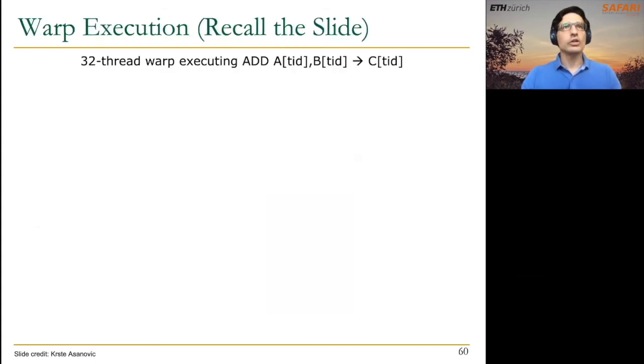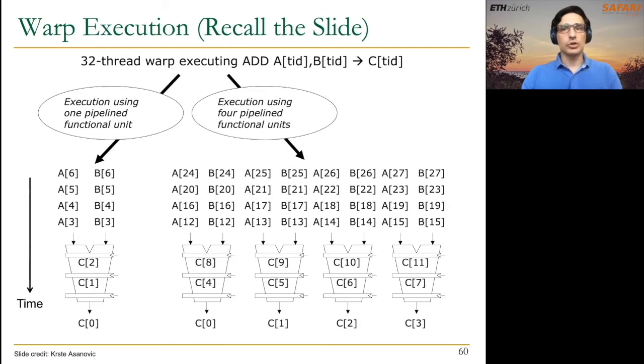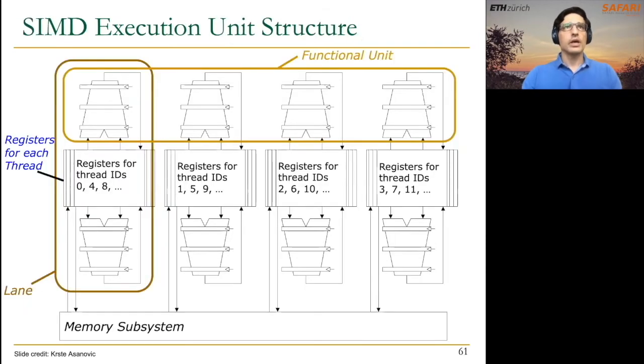Okay, recall also this slide, how the warp execution happens inside the SIMD unit, inside the GPU core, in a similar way as we have seen in SIMD processors. Depending on the number of lanes that we have inside the GPU core, we will be able to exploit more or less concurrency, more or less parallelism here.